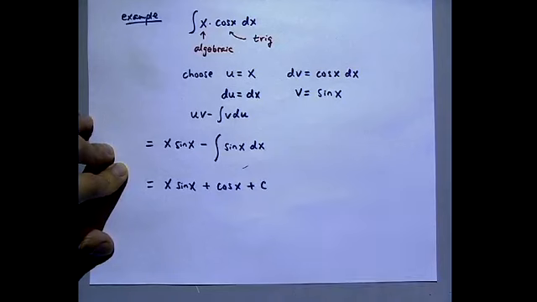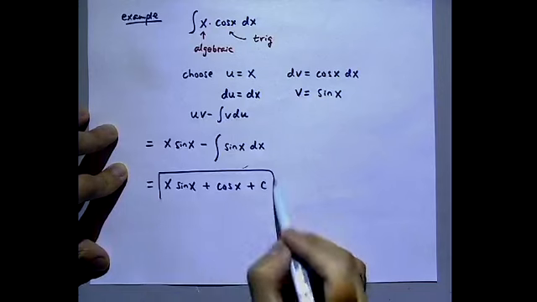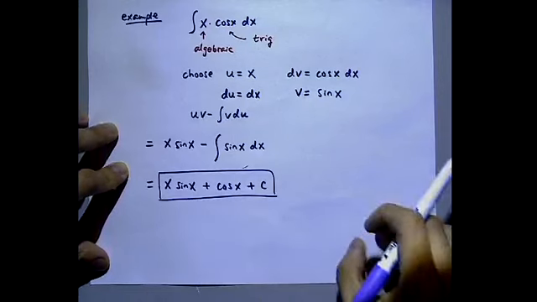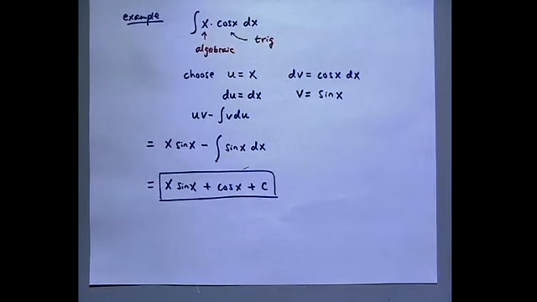So here we go. We get x times sine of x plus cosine of x plus some constant c. Okay? Questions?